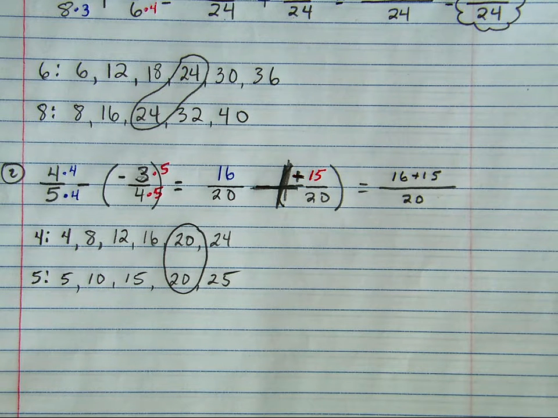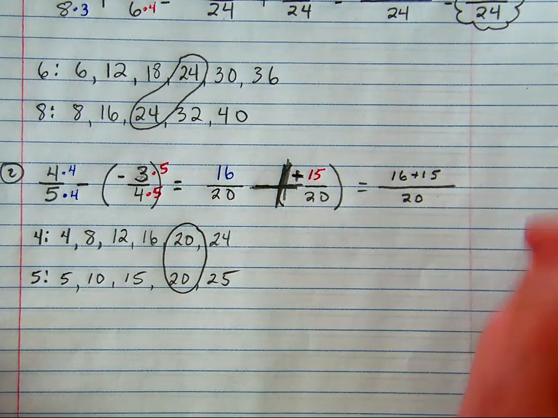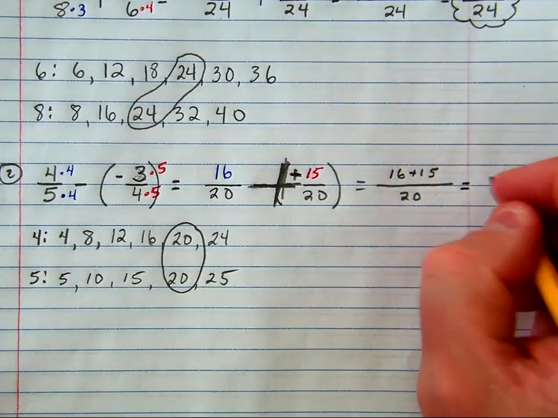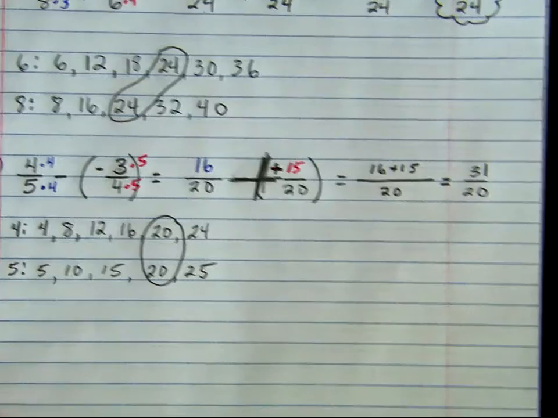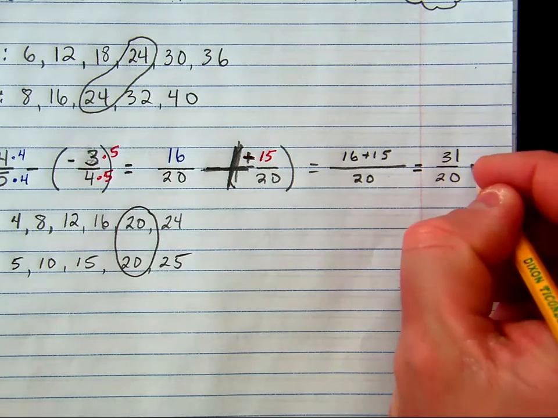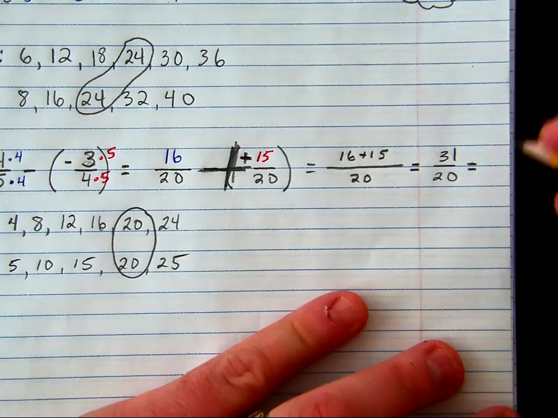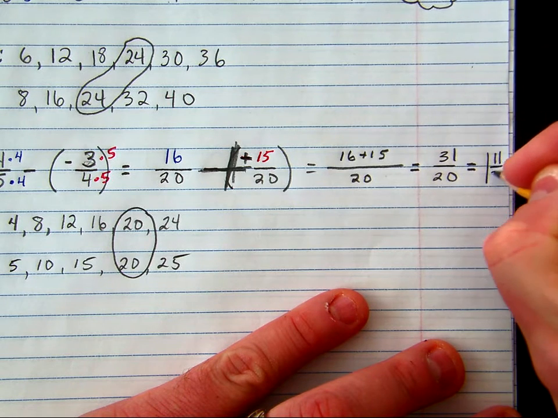Keep change, keep inverse inverse. Taking away a group of negatives leaves us with just positives. 16 and 15 is 31. And 31 twentieths as a mixed number, 1 and 11 twentieths.